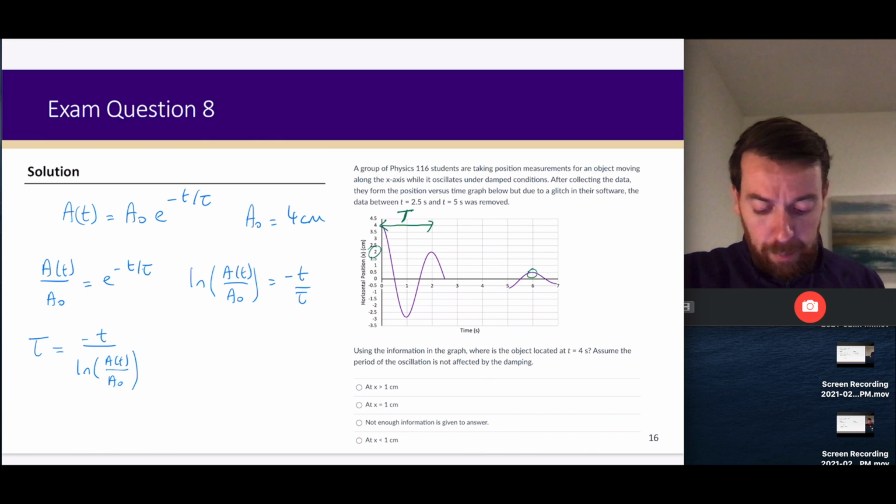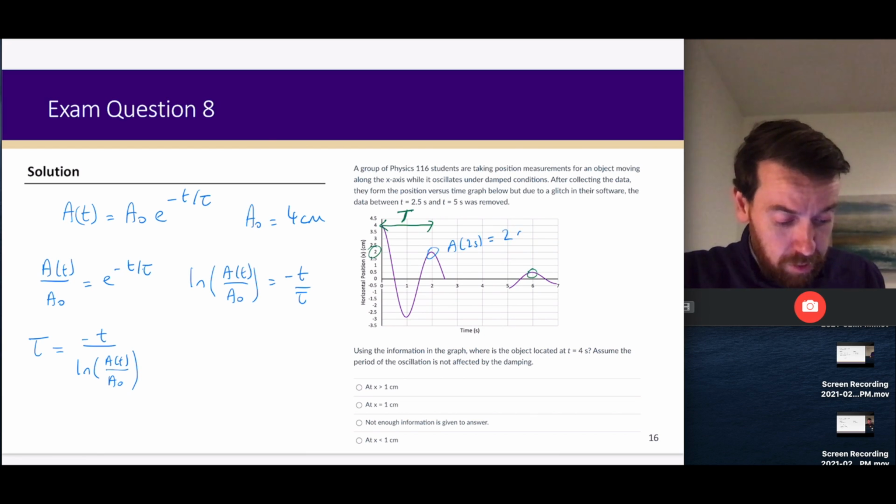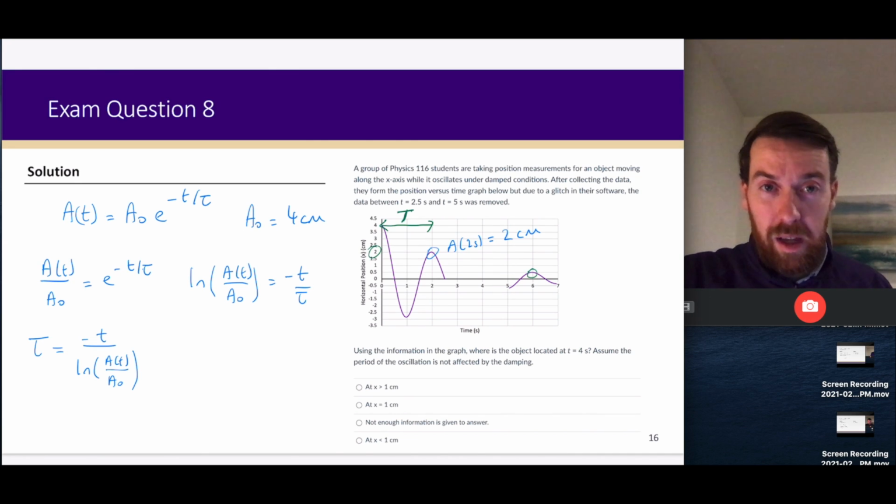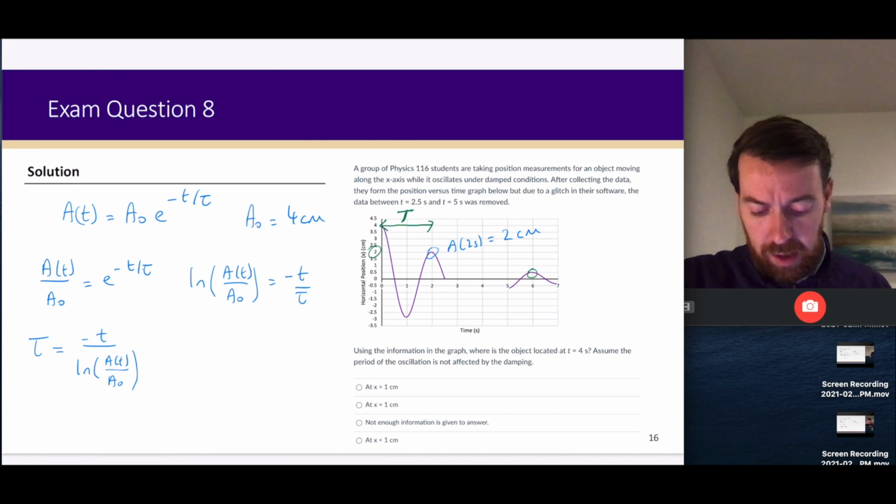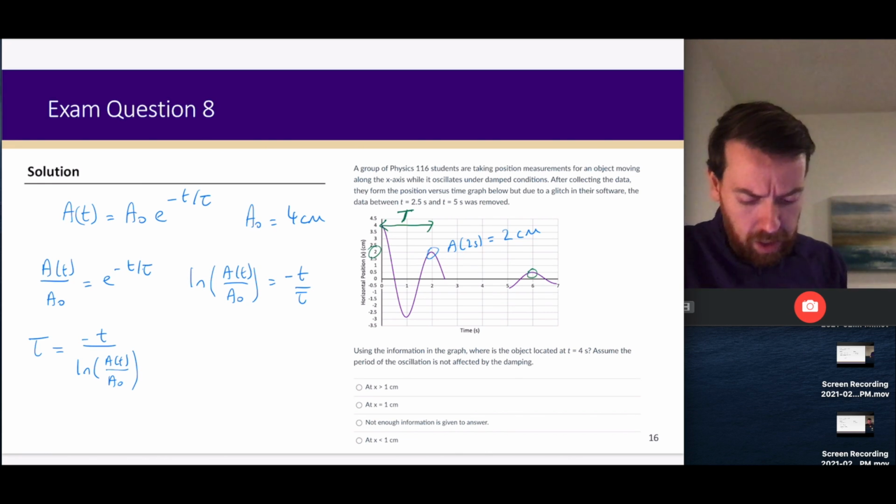So in this particular example, I would probably pick the 2 seconds here, and note that A at 2 seconds happens to be equal to 2 centimeters. So A over A0 will be half, so taking negative 2 seconds for the time divided by the ln of 0.5 gives us 2.89 seconds.